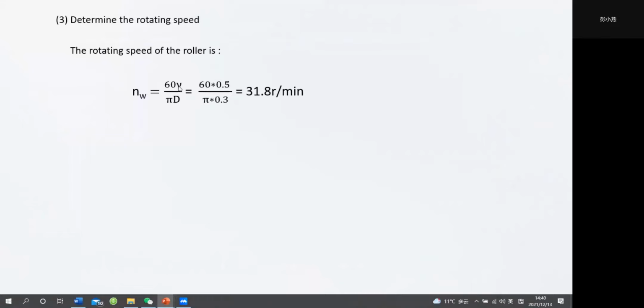Use this equation. We use the linear velocity v, and the diameter of the roller d. And then we calculate that the rotating speed of the roller is 31.8 revolutions per minute.